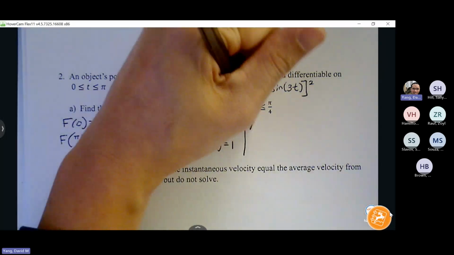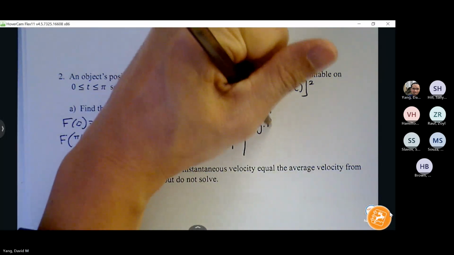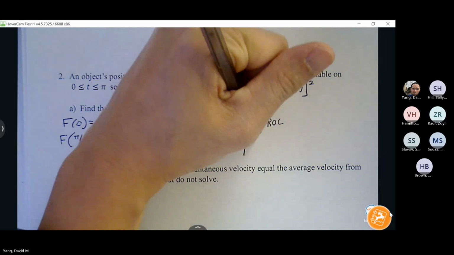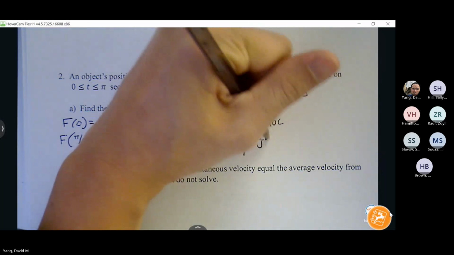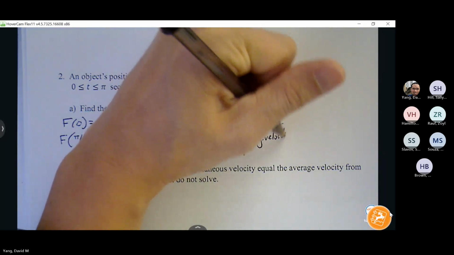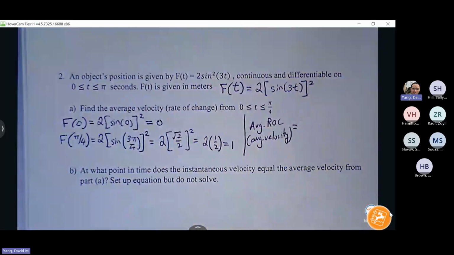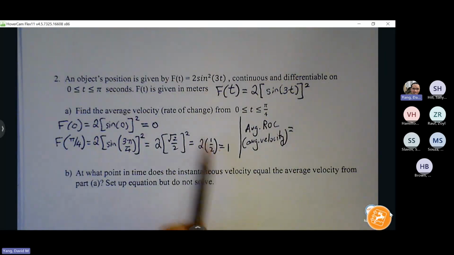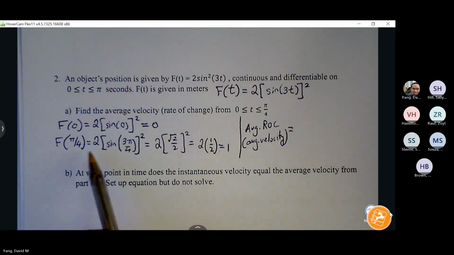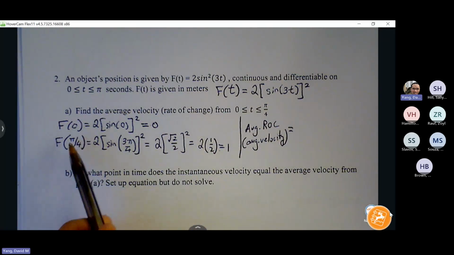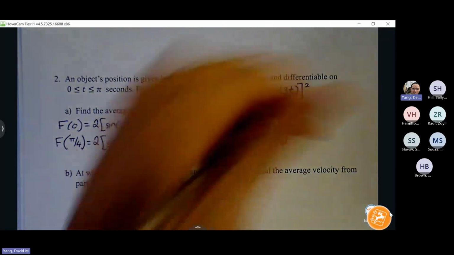So your average rate of change, or average velocity, is just slope, change in y over change in x: y sub 2 minus y sub 1 over x sub 2 minus x sub 1.